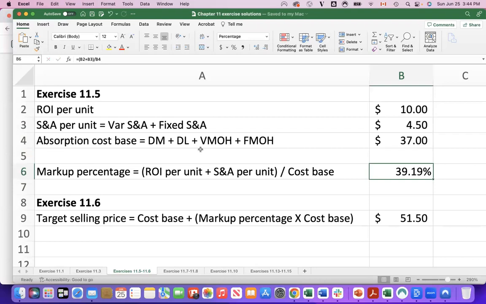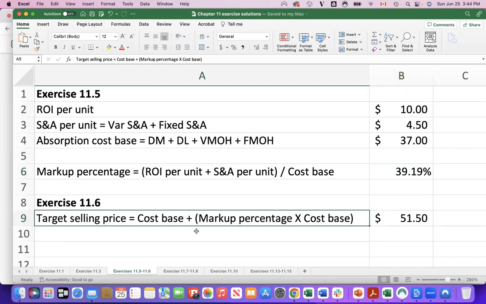Exercise 11.6 then says, based off of that markup percentage, what is going to be the selling price? You can go about this a few different ways, but the formula I would stick to, it's cost base plus the markup. And the markup, how we calculate that, that's the second part of the formula here. It's the markup percentage times the cost base.